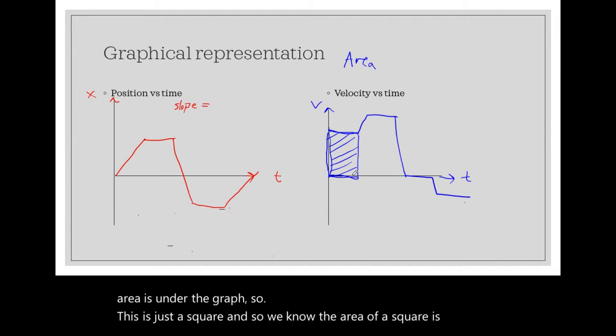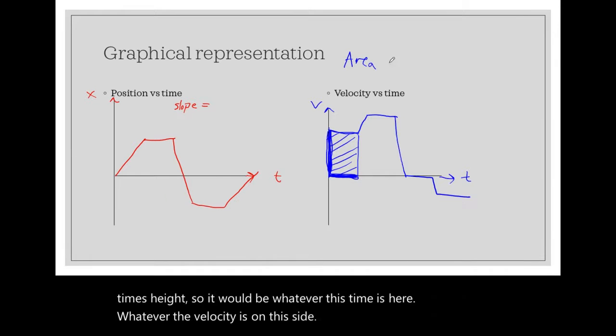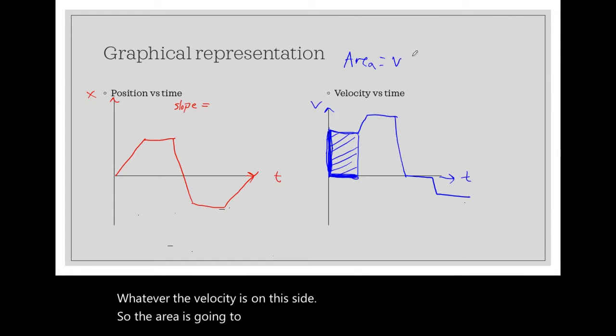So it'd be whatever this time is here times whatever the velocity on this side. So the area is going to be velocity times time. Well, velocity times time basically gives us the distance.